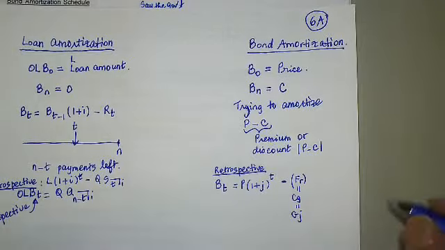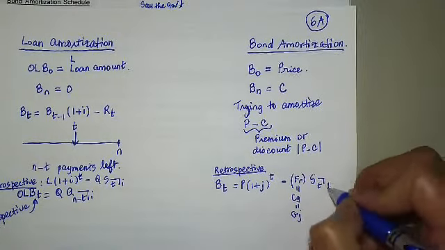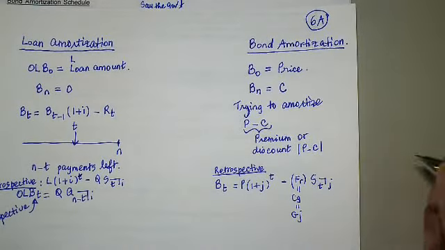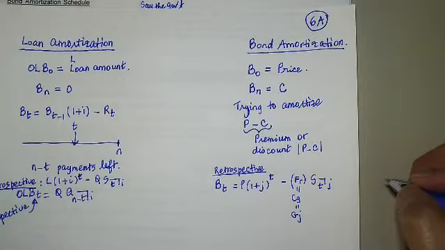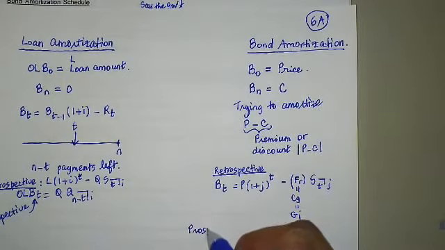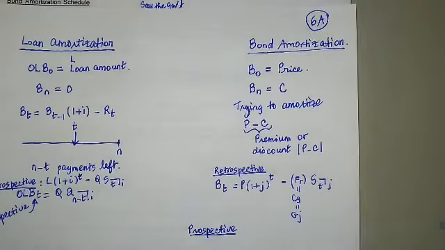Can you help me? What is the coupon payment? Fr equals Cg equals Gj, right? All different ways of saying coupon payment. s angle t, interest rate J. Do you understand that? This is retrospective. Unfortunately, retrospective is not used that much.